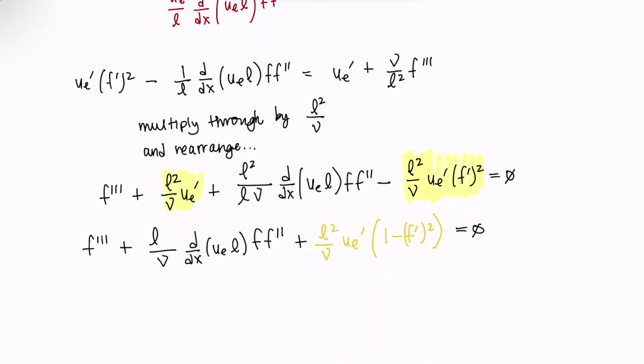Okay, so I am going to lump this factor out front and call this lambda. And then this factor out front is going to be called gamma.